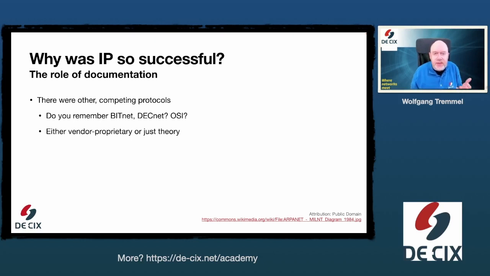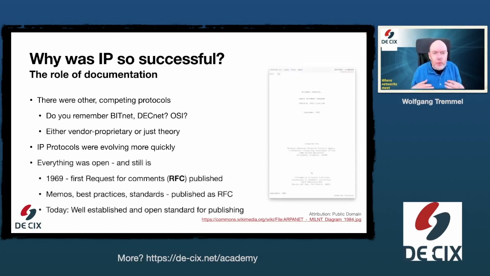The internet, not. The internet was always free to implement, free to use. Also, the IP protocols, because of their openness, they evolved way more quickly. All standards were and are publicly available. Everything was open and still is open.